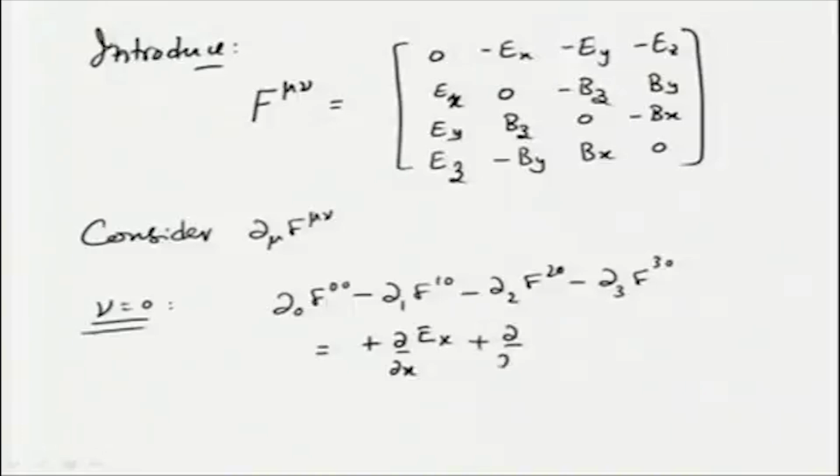So the second one is dou by dou y of E y plus dou by dou z of E z, or this is essentially the divergence of E, that is when nu equal to 0. So we can say that dou mu F mu nu with nu equal to 0 is equal to rho by epsilon 0.